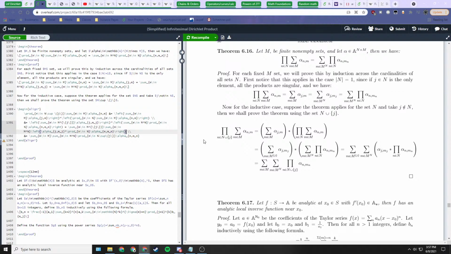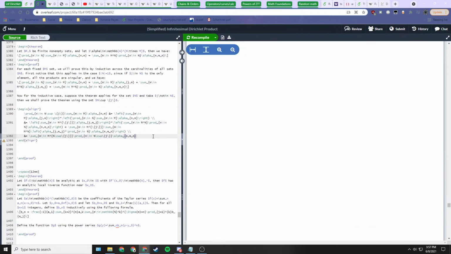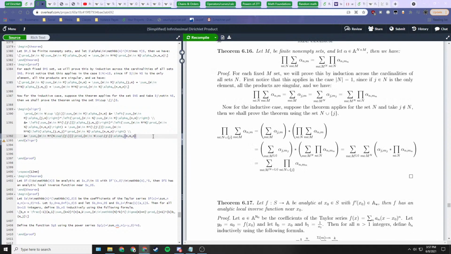That lets us merge down this product like this, and then this remaining term should just be like this. And that is pretty much the whole thing.